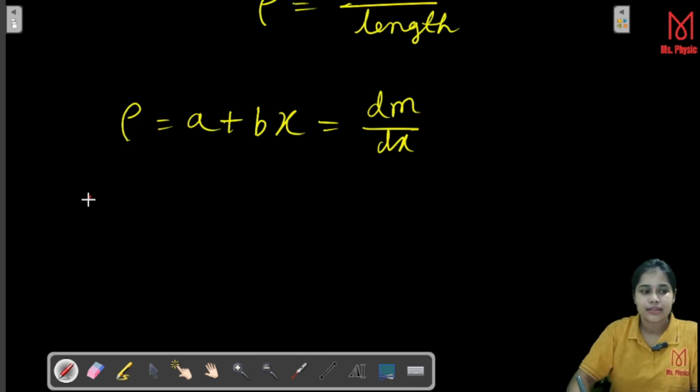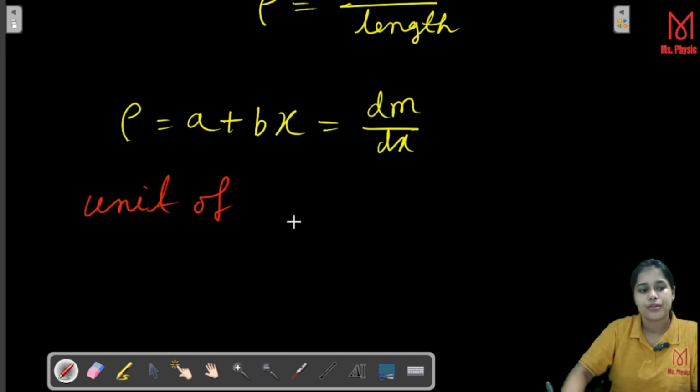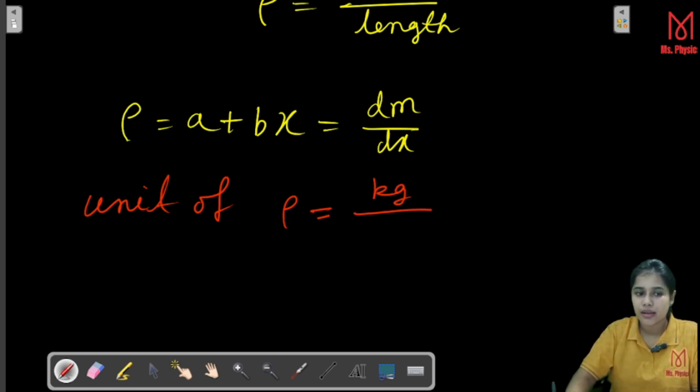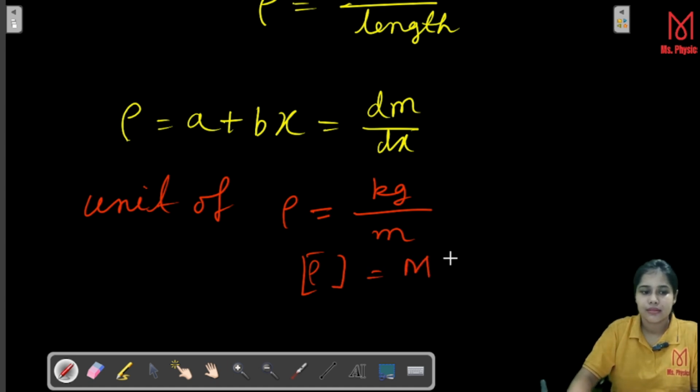First of all, the unit of rho is kg per meter, and the dimension of rho is mass by L, that is M L to the power minus 1.